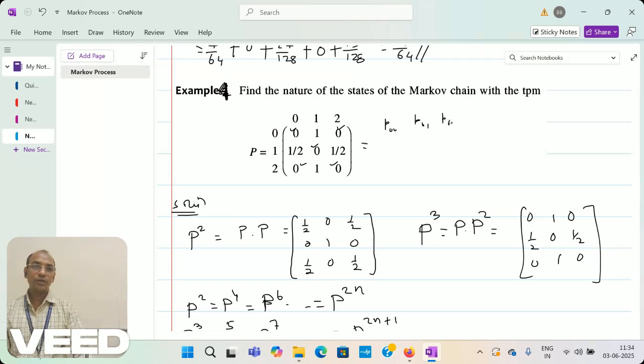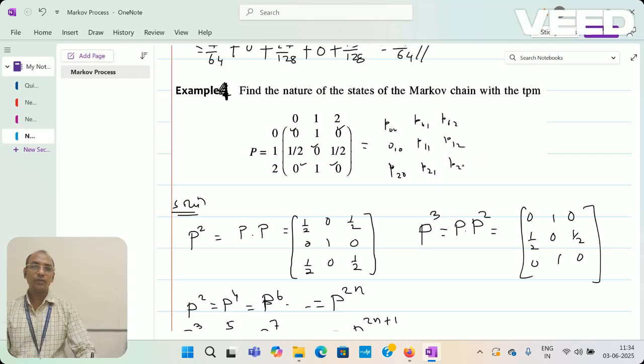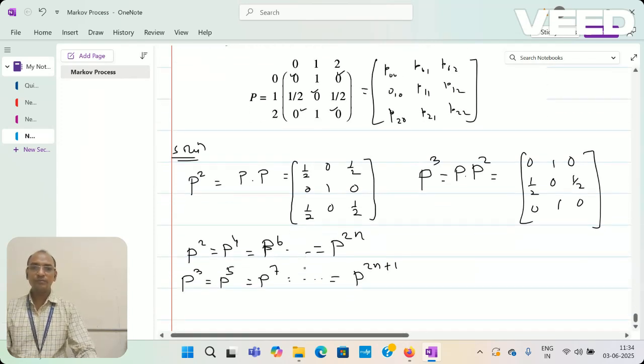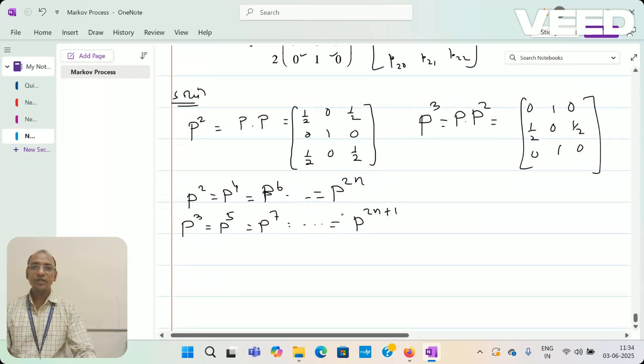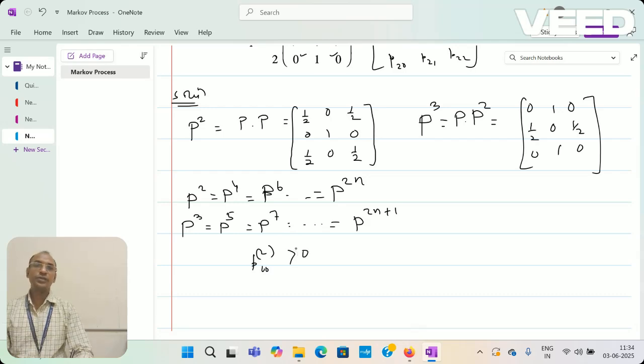P10, P11, P12, P20, P21, and P22. If this is my TPM, here P00 in the initial TPM is 0, but you see that P00 in step 2 is positive.